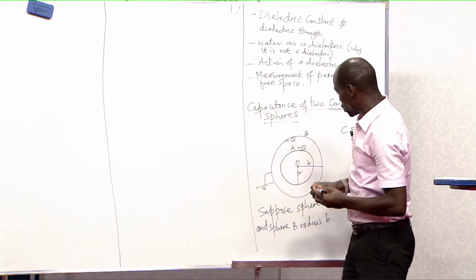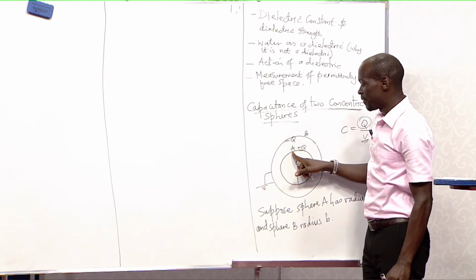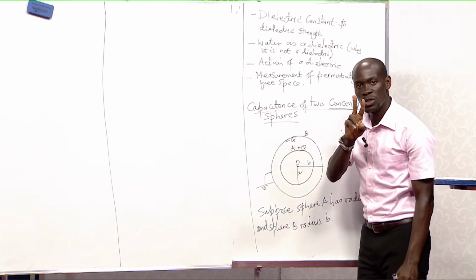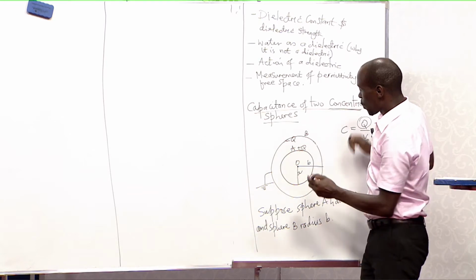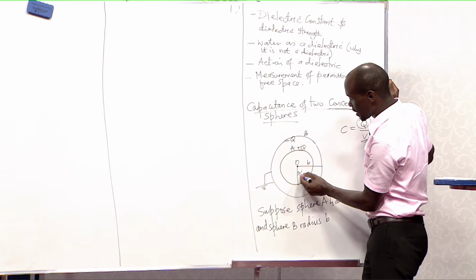Now, the potential on the surface of sphere A is going to be got using two cases. We have this point from here up to the circumference, which is radius a.